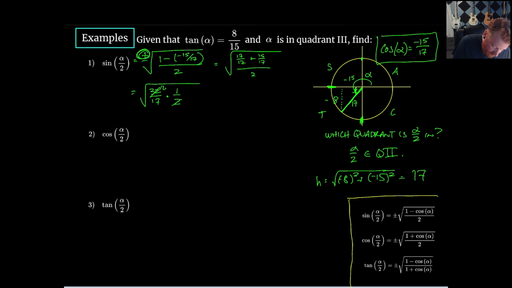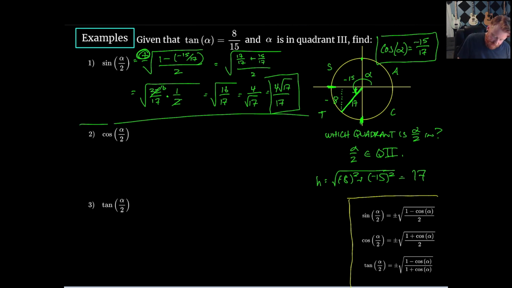These will cancel, and we'll get a 16 up there. So this is going to give us the square root of 16 over 17, which is 4 over the square root of 17. And if I rationalize my denominator, we'll get 4 times the square root of 17 all over 17. So here is the sine of alpha over 2 in this situation here.